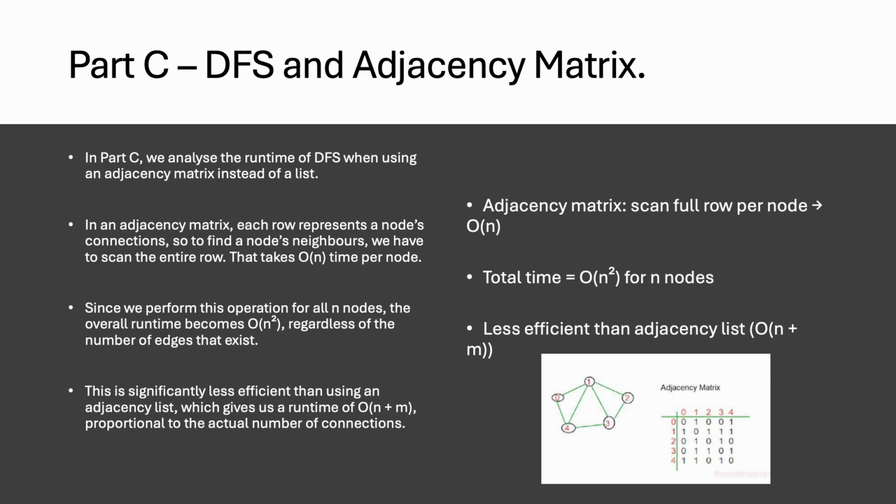Since we perform this operation for all n nodes, the overall runtime becomes O(n squared), regardless of the number of edges that exist. So this is significantly less efficient than using an adjacency list, which gives us a runtime of O(n + m), proportional to the actual number of connections.